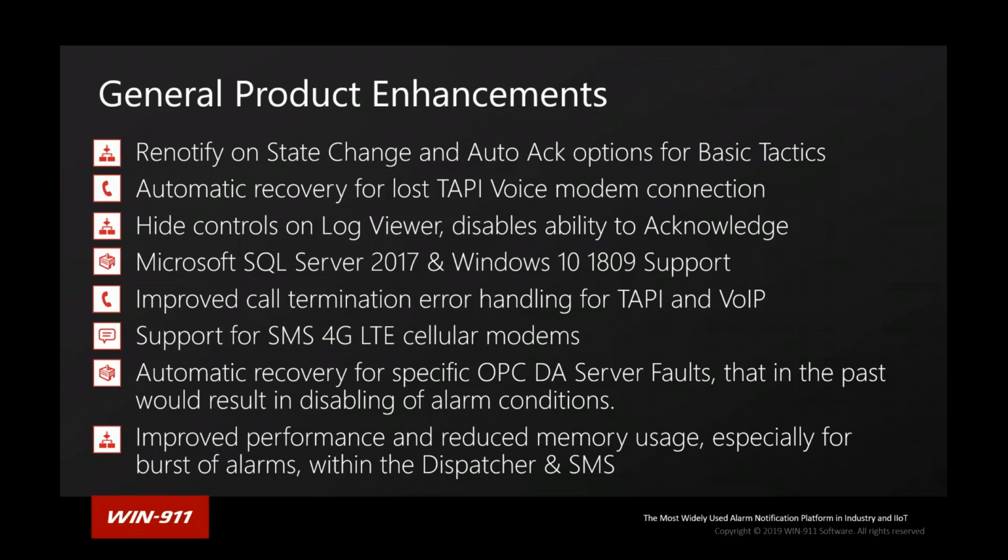We also did some work on OPC DA source, and this has to do with recovering from DA server faults. Let me give an explanation. When we query the item value, sometimes it returns a bad quality, in which case we'll sit back and wait for a new update with a good quality event.